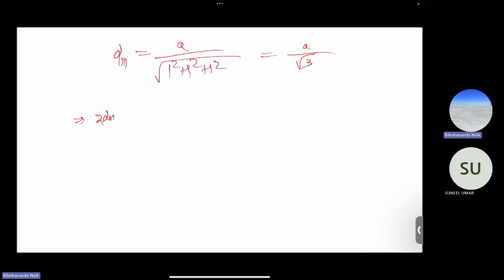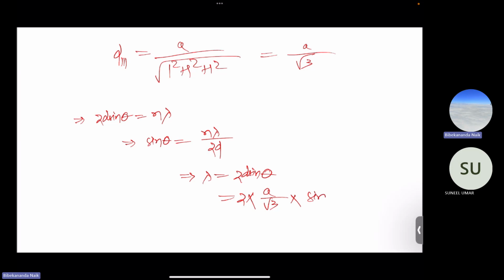Then 2d sine theta is equal to n lambda, that implies sine theta is equal to n lambda by 2d. n is 1, so lambda will be 2d sine theta, that is 2 into a by root 3 into sine 21.7 degrees.